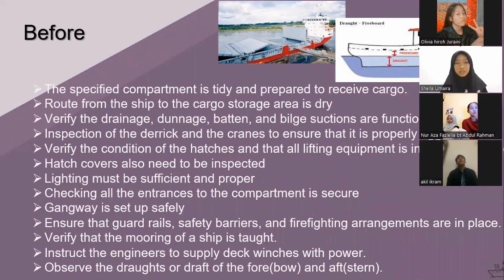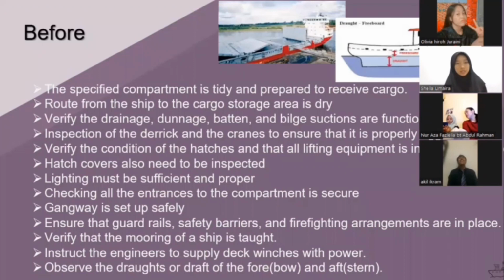The hatches and all the lifting equipment need to be always in good condition. The hatch cover, which you can see in the first picture, needs to be always inspected, and we need to make sure the hatch is weathertight and watertight to keep the cargo in good condition.